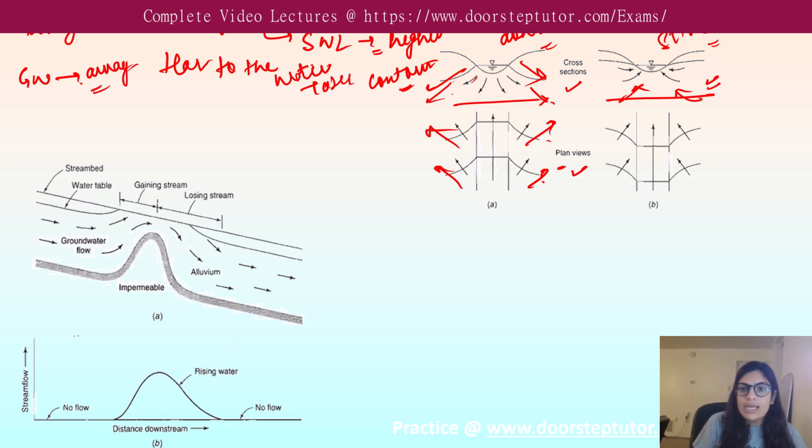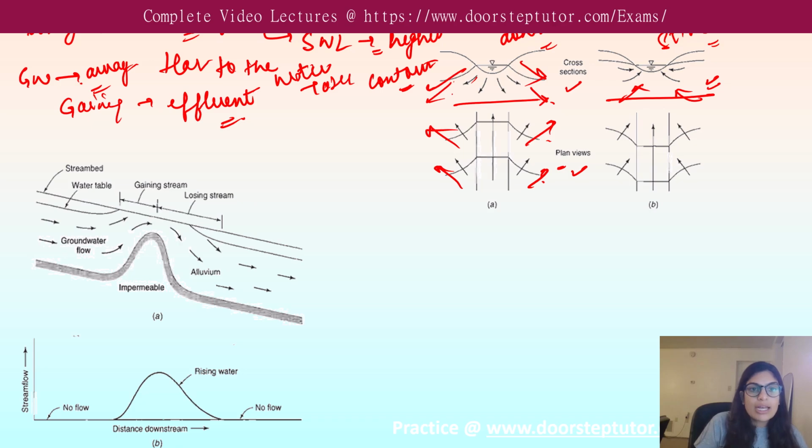Alright, now coming to this, as I told you, the losing ones are known as influent, so the gaining streams are known as effluent, with an E. They gain water from the groundwater system, so therefore you are seeing the arrows in the upward direction. These are actually the more common type of streams.